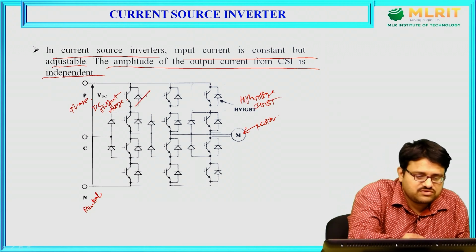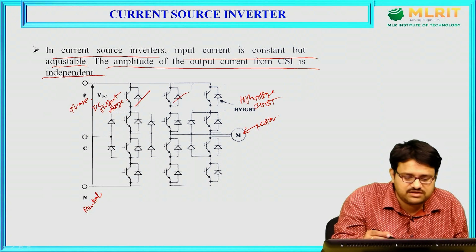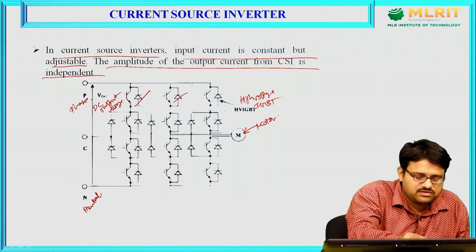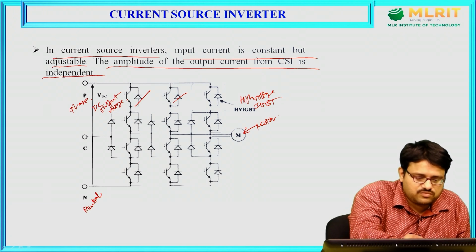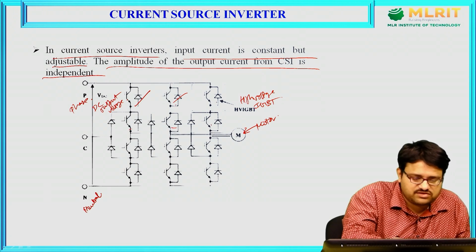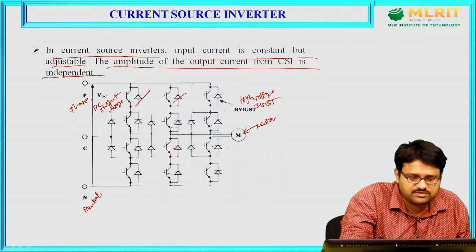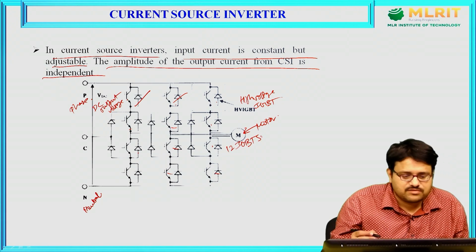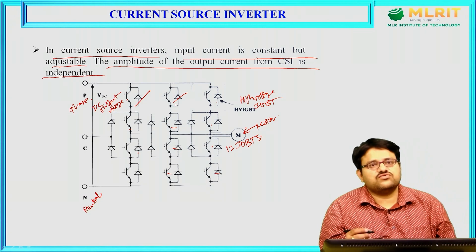So this is one IGBT and this is another IGBT. So in total there are 1, 2, 3, 4, 5, 6, 7, 8, 9, 10, 11, 12 IGBTs. So this is a current source inverter circuit.